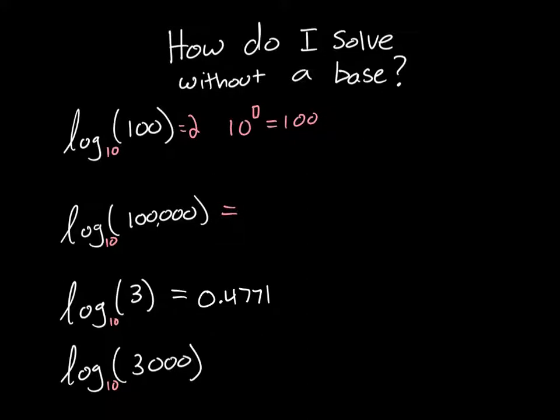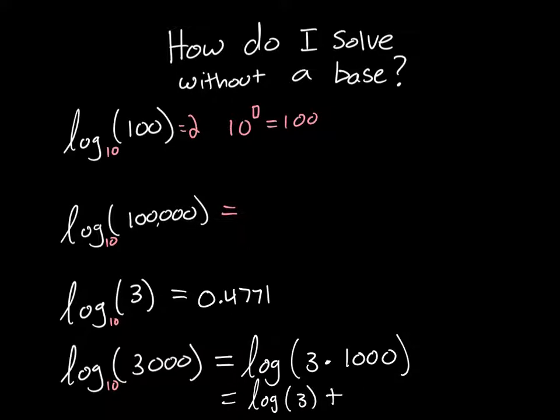But in class, we talked about how we can interpret log of 3 times 1,000. We remember that log of 1,000 is 3. So this is really log of 3 plus 3, and that ends up being 3.4771. So long as I'm given log of 3, I can figure out log of 3,000.